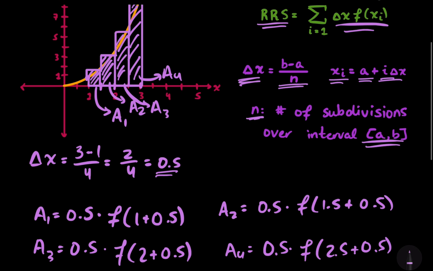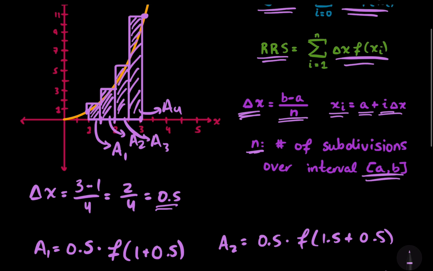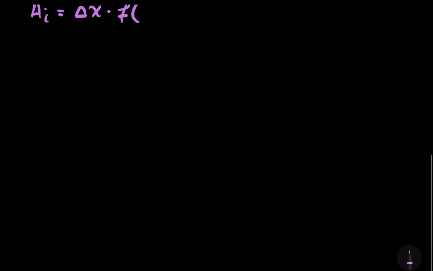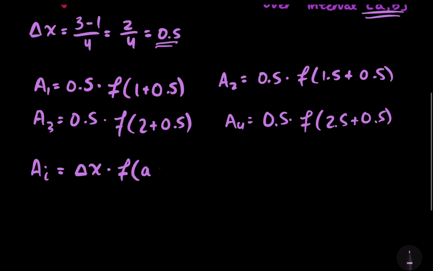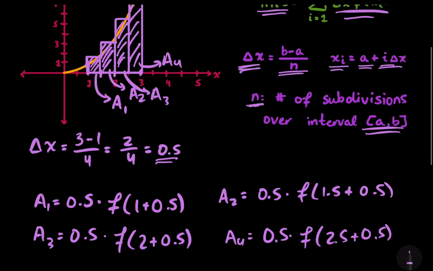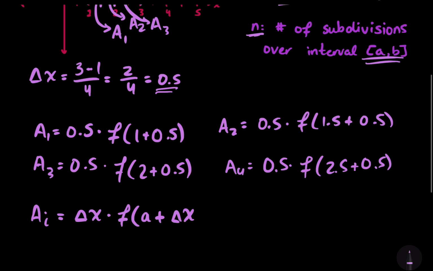This is going to be the first portion of our interval, the beginning point of our interval. So it's going to be a plus, we're adding delta x every time, and we're just adding integer multiples of delta x. So this one right over here would be our beginning point, a plus 0.5 times 1, or delta x times 1.